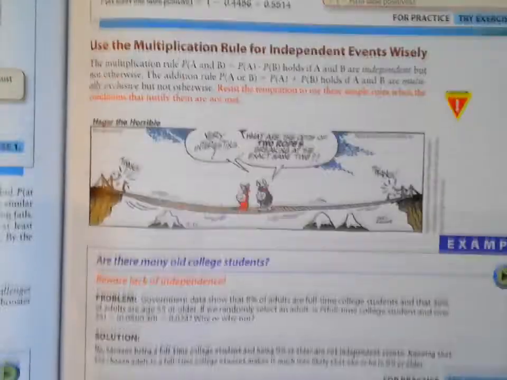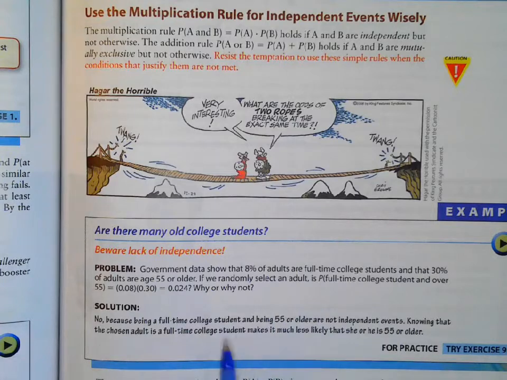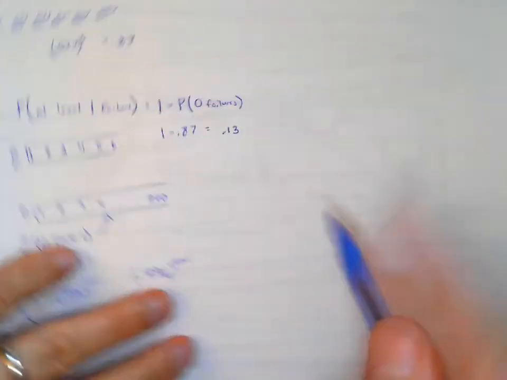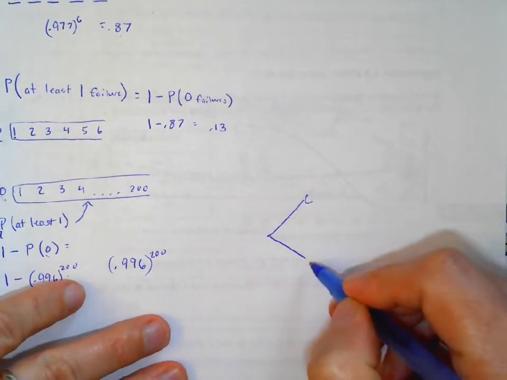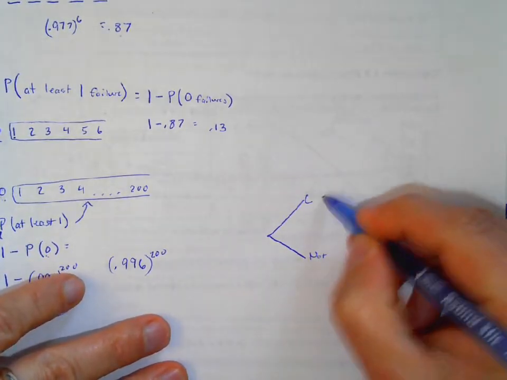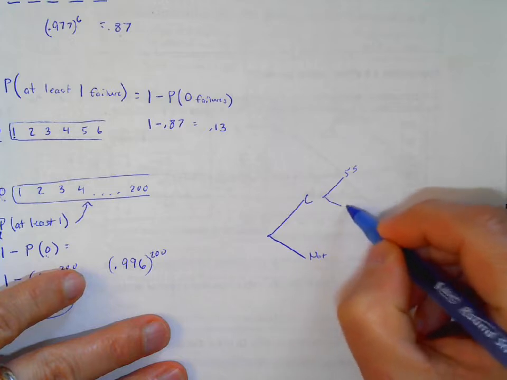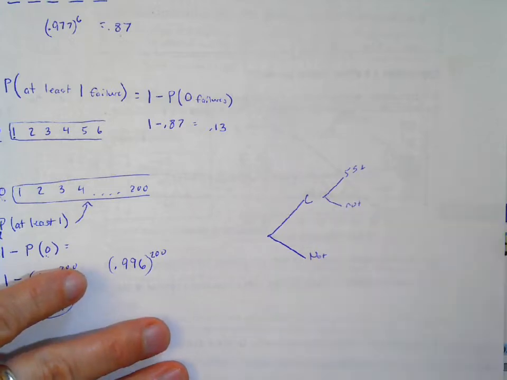Because being a college student and being 55 are not independent events, knowing that somebody's a full-time college student makes it a whole lot less likely that she or he is over 55, right? So what you should do is think about, if I want an and statement, the probability that they're a college student, and then the probability that they're over 55 given that.